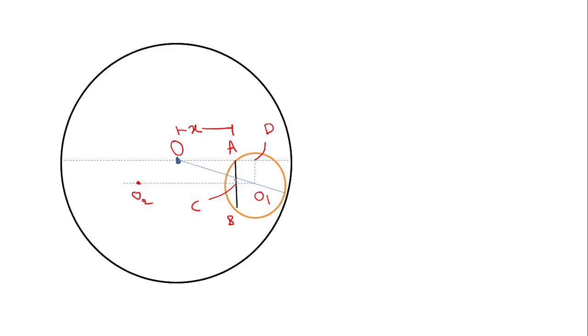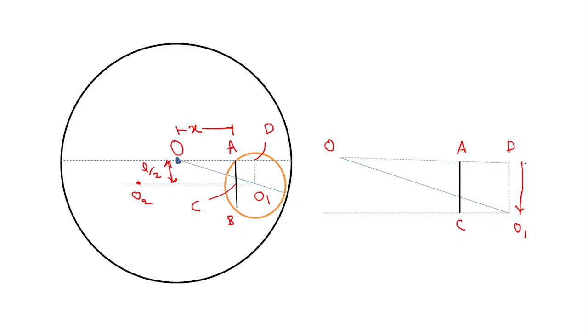So this AC is L by 2, if the chord length was L. So in a bigger picture, this is O, this is A, this is D, this is O1, and this is C. This is L by 2.